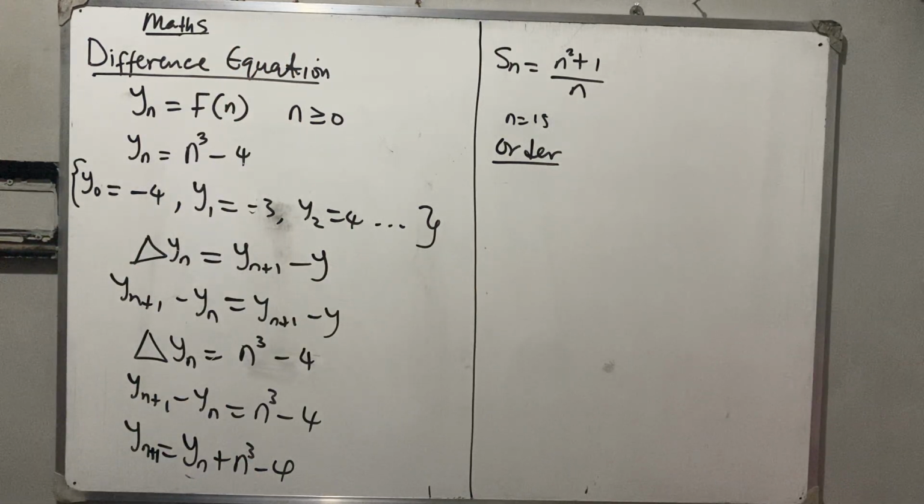So please note that the order of a difference equation is gotten from the highest independent variable minus the lowest independent variable, or the highest argument minus the lowest argument.